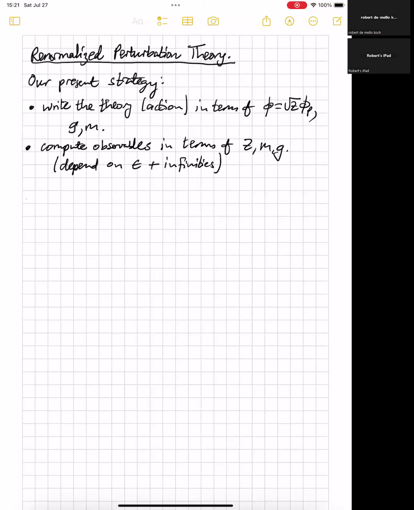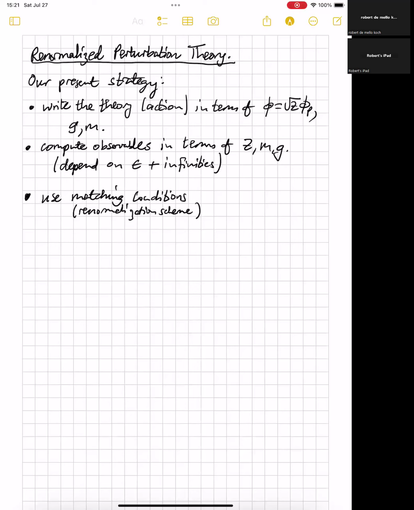Once we've done that, we then use the matching conditions. We've called them the matching conditions because this is how we have matched our theory up to nature, but this is also often called the renormalization scheme. So your matching conditions would also be called some renormalization scheme.